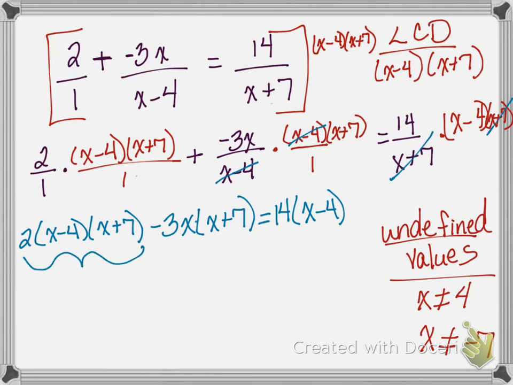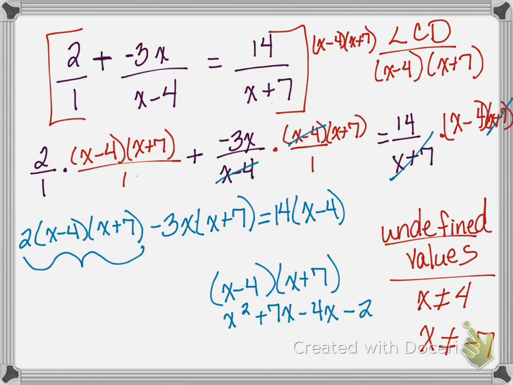Now, my first one that I need to simplify right here, I'm going to go ahead and FOIL that first. So I've got x minus 4 times x plus 7. X times x is x squared. X times 7 is 7x. Negative 4 times x is negative 4x. Negative 4 times 7 is negative 28. Then I've got x squared plus 3x minus 28.